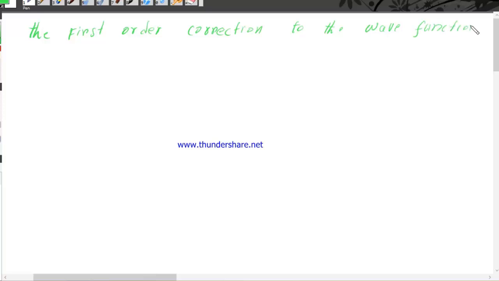Now we know the first order term is H0 ψn1 + H' ψn0 = En0 ψn1 + En1 ψn0. This is the first order term.